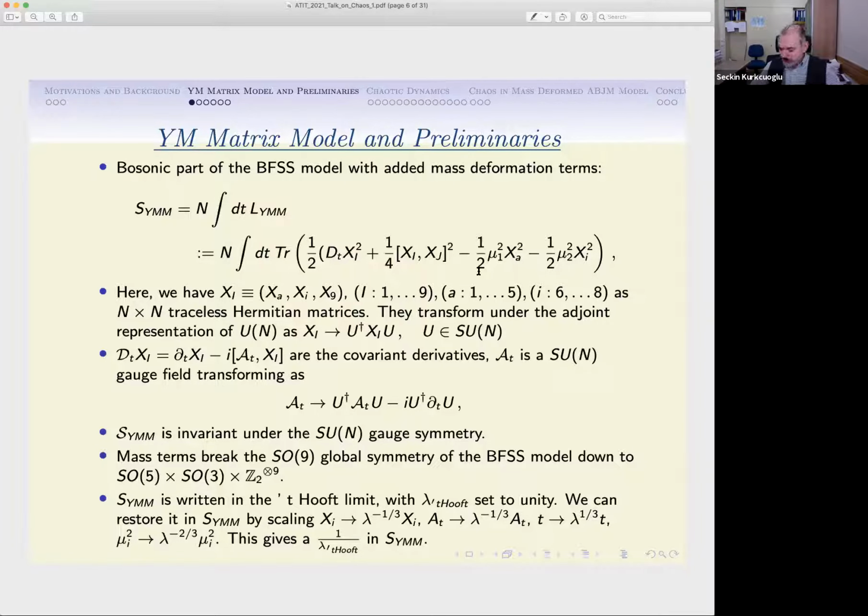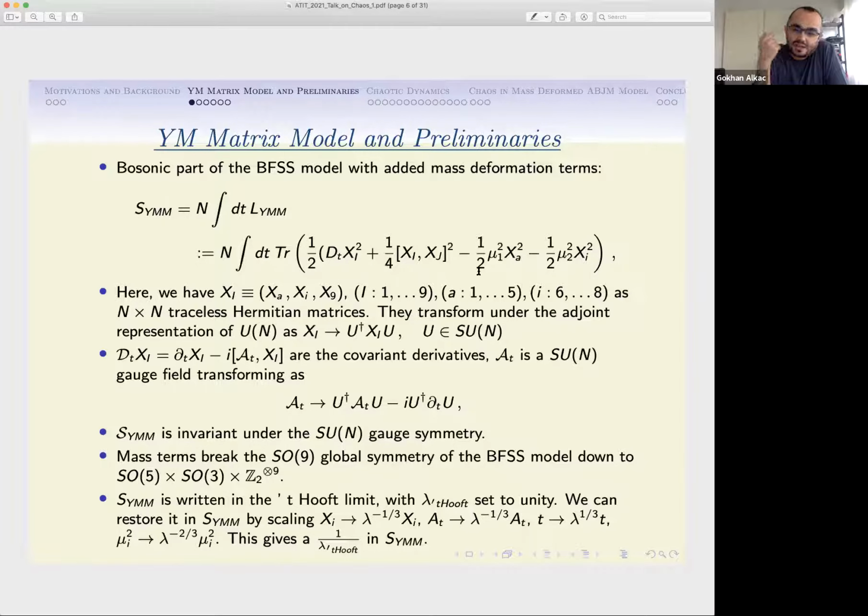Yeah, I mean, with the MSS bound, I'm not talking about the MSS bound as of yet. The MSS paper doesn't even concretely look at the BFSS model. They just make arguments in a very general setting. But you can say that they are not looking directly at any mass deformed theory whatsoever.